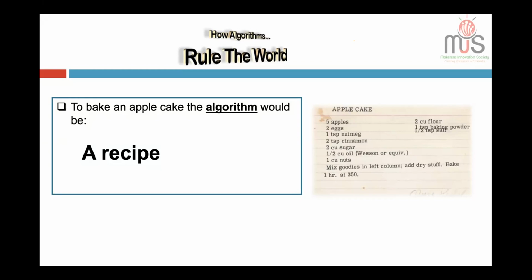So get 5 apples and get 2 eggs, 1 teaspoonful of nutmeg, then 2 for cinnamon, and then 2 cups of sugar to match. Then I have a cup of oil, and then 1 cup of nuts. Then I mix goodies in the left column, and then I add dry stuff, bake for 1 hour at around 350 degrees. So that would be my recipe.